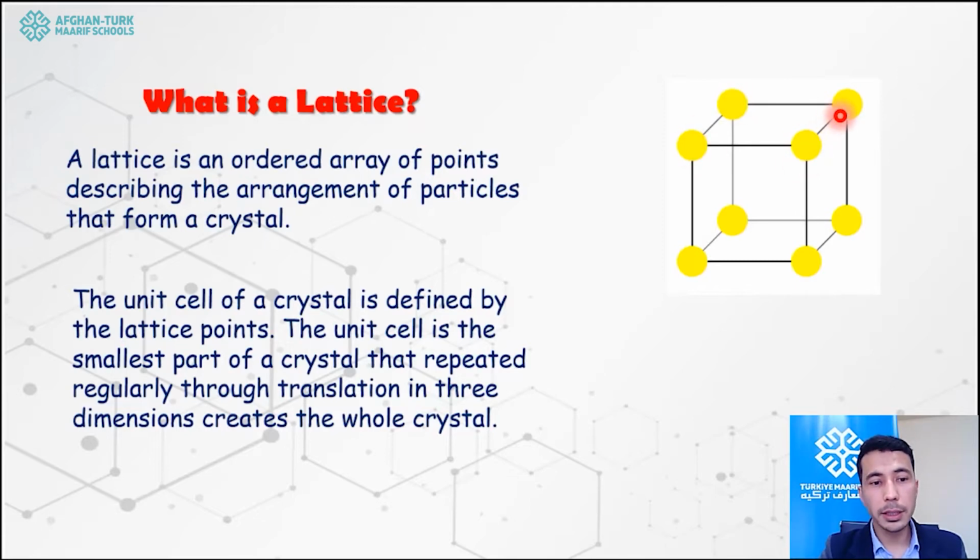We cannot explain a crystal in a 2D shape. Let me study this part. The unit cell of a crystal is defined by the lattice point. This is the lattice point or the unit cell. The unit cell is the smallest particle of a crystal. For example, for sodium chloride, this is the smallest particle of a crystal that is repeated regularly through translation in 3 dimensions to create the whole crystal. These get repeated again and again. So at last they form a crystal.